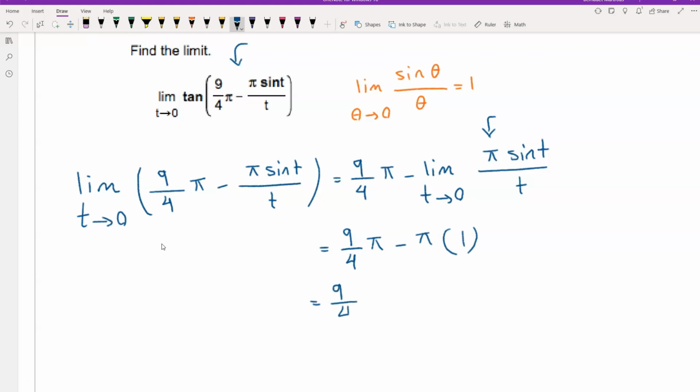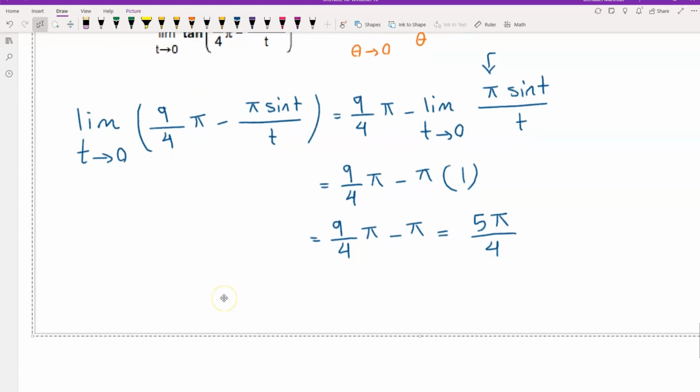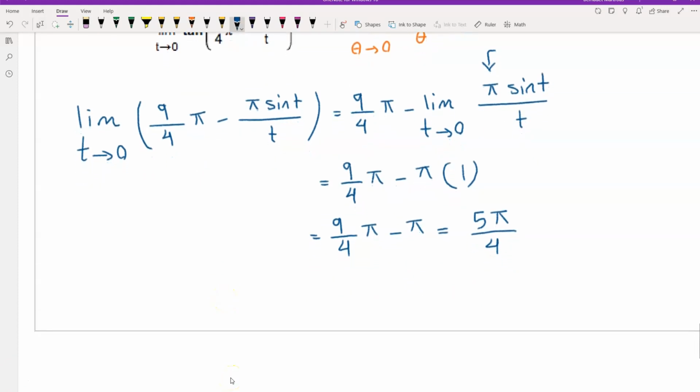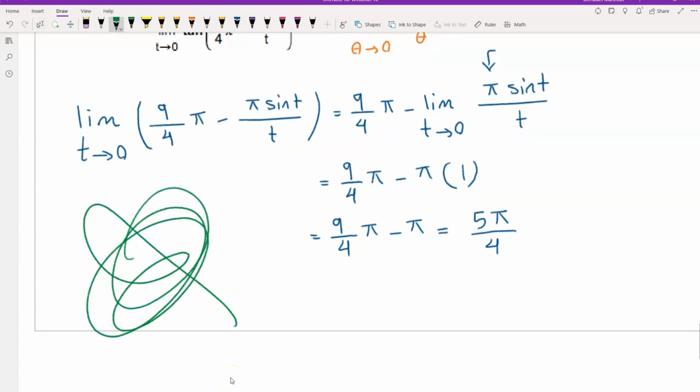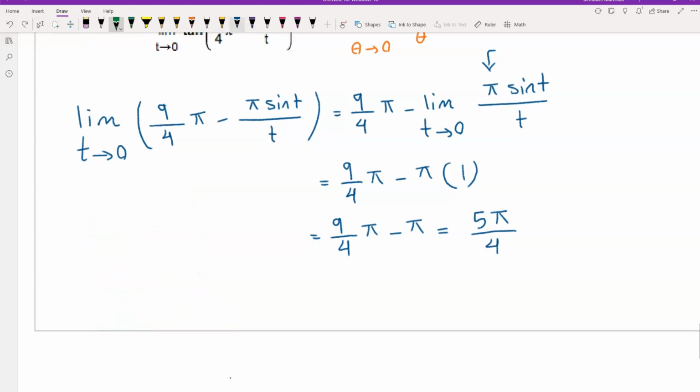And here we have 9 divided by 4 times pi minus pi. So this is equal to 5 pi divided by 4.